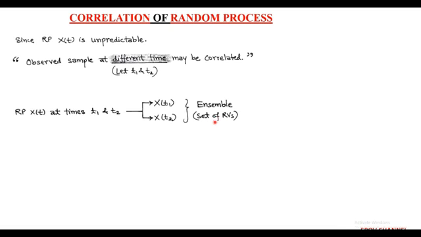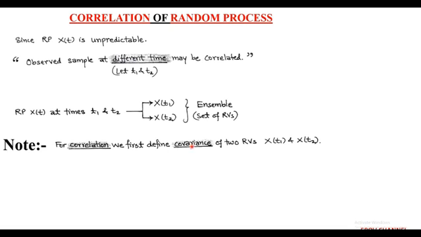random variables. Now, in order to determine the correlation, we first define covariance of two random variables, that is capital X function t1 and capital X function t2.